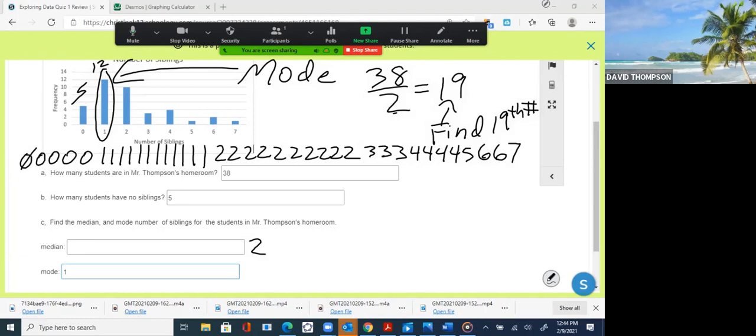And then just use a cross-off method. It's a little bit more time-consuming, but it should give us the same answer as we initially said. That's 2. And just keep crossing until you get to the middle.